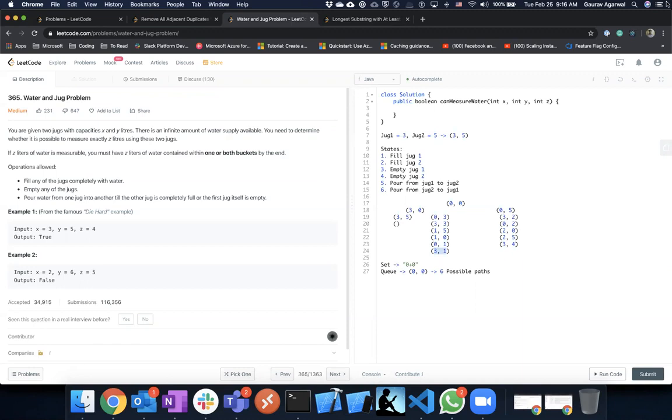Either way, for each state we can track the parent state. In the BFS, let's say the state is 3, 0, we can put the parent information that we came from 0, 0, so we can trace it back. Or if we perform DFS, we can also trace it back. So yes, it's possible.